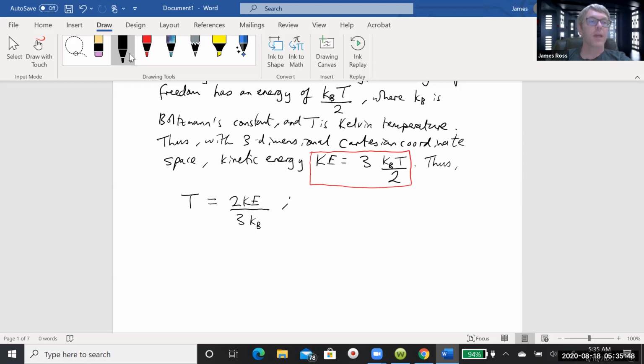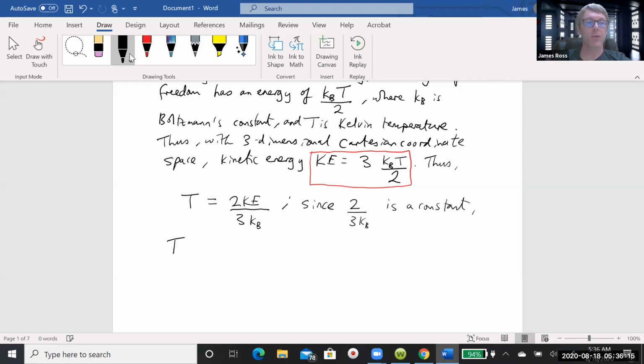Okay, but since we have a bunch of constants here, since the 3 and the 2 and the kB are all constants, so since the 2 divided by 3 kB is a constant, we can get rid of the constant, the equal sign, and add the proportionality sign.